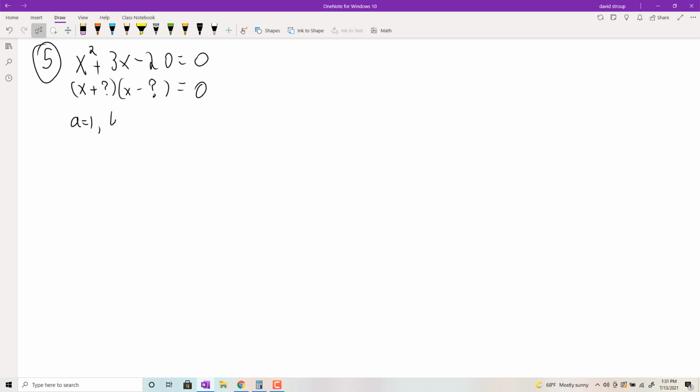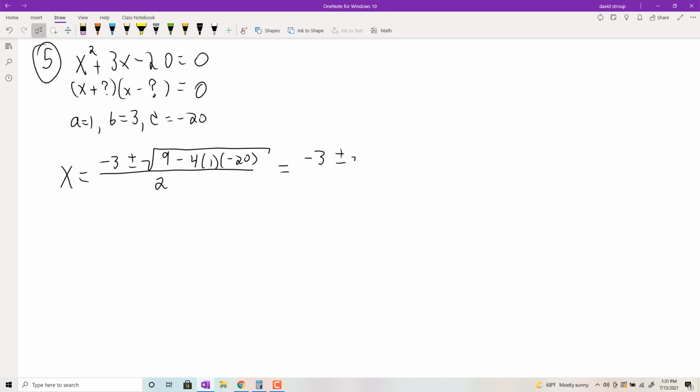So I'm going to identify my a, b, and c. Okay, so it's x equals negative b plus or minus the square root of b squared, so 3 times 3 is 9, minus 4 times a times c, all over 2 times a, which is 2 times 1 is 2.